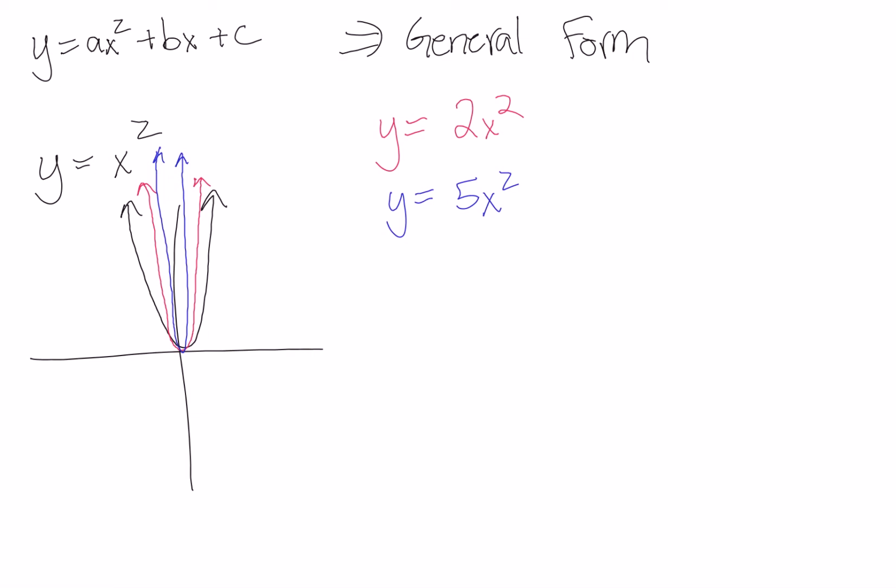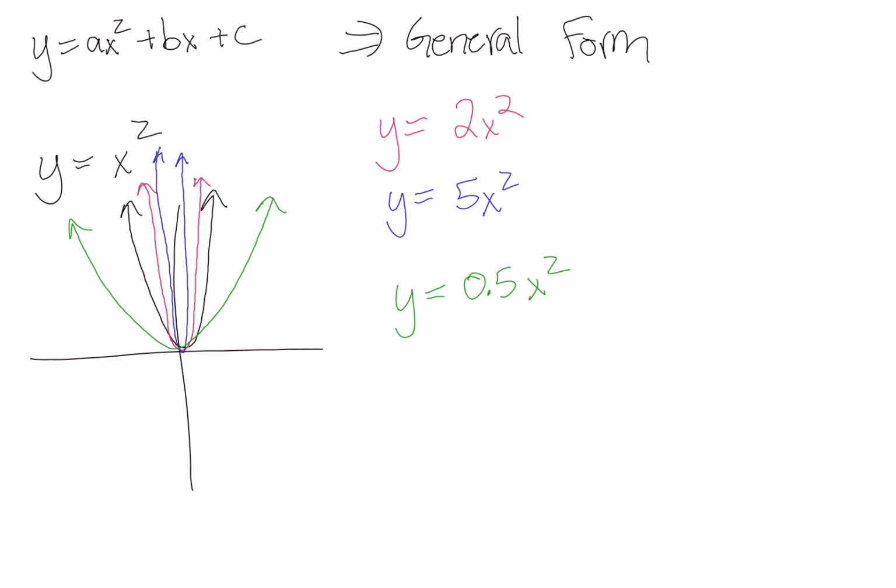Okay, let's try another one. If I do y equals 0.5x squared, so you can see as we went bigger and bigger, that made it go skinnier. If you actually try 0.5x squared, it's going to make it look wider or fatter, because we've actually shrunk it in height by half, so we're twice as wide, so it gets squashed down a little bit. And let's do one more.